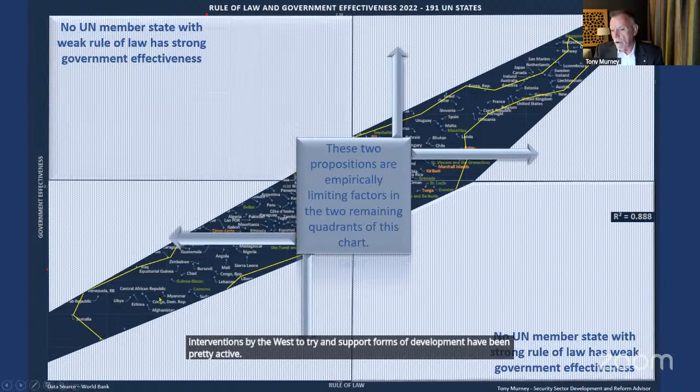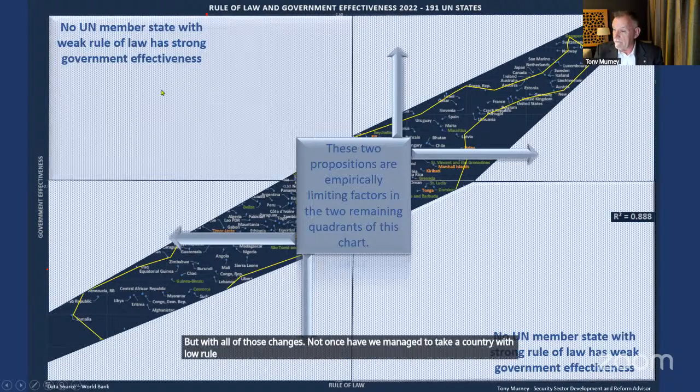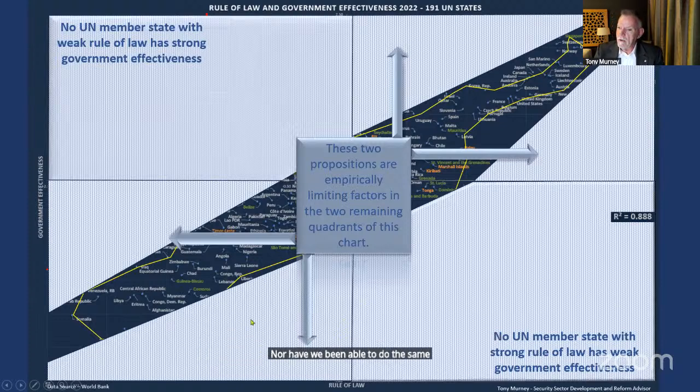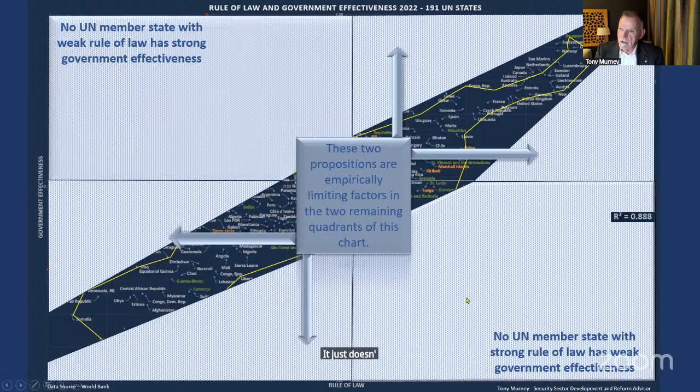But with all of those changes, not once have we managed to take a country with low rule of law and artificially create an environment where it lives in this space at the top end of the chart, a high-performing, low rule of law country. Nor have we been able to do the same where we can take a weak government effectiveness nation and produce a high rule of law effect. It just doesn't happen.